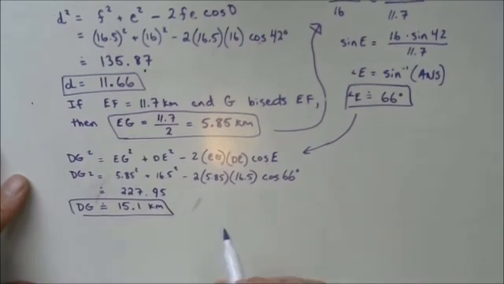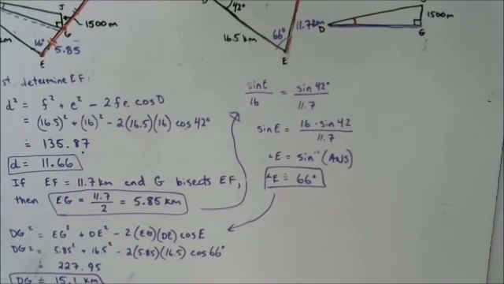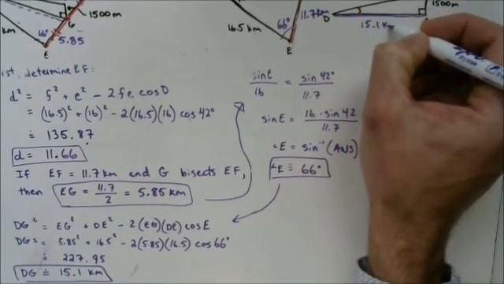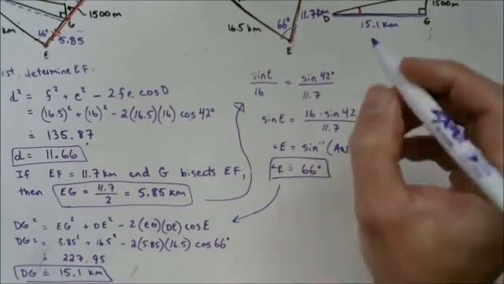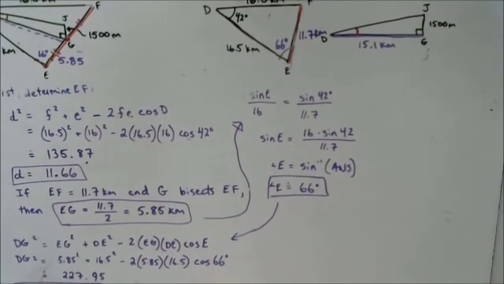Now we can head over here into our last triangle. We know DG is 15.1 kilometers. We're looking for the angle measurement of D here. And we have opposite and adjacent.